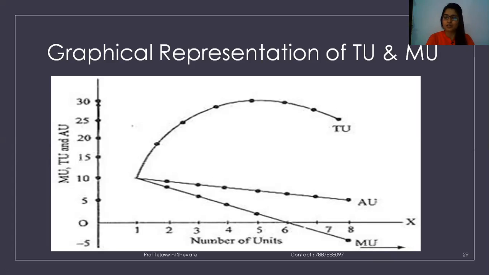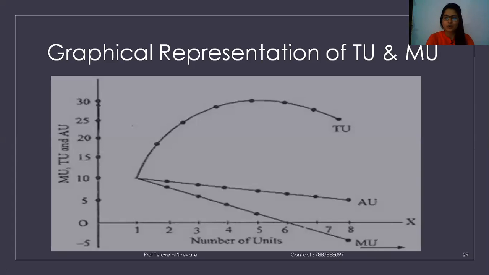As you hear that song again and again on repeat, you do not like it anymore, because it is nothing new that you are enjoying. So remember that total utility will keep on increasing, but at a diminishing rate, and marginal utility will always diminish.